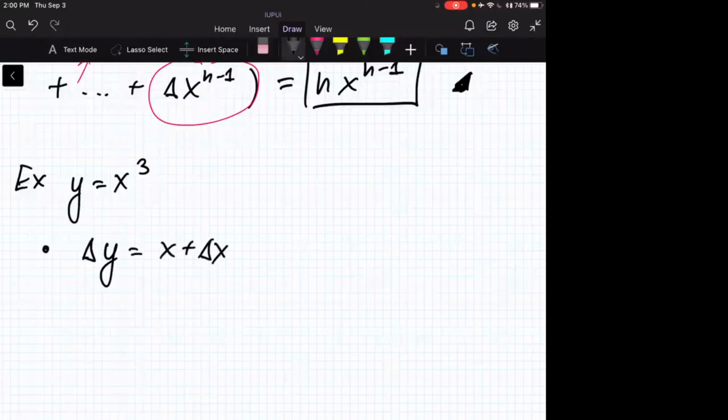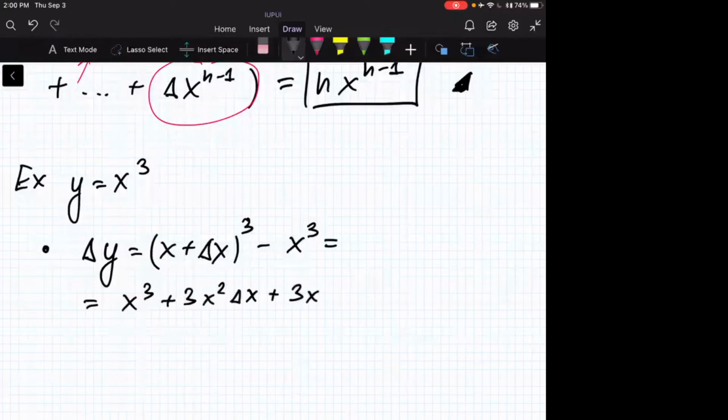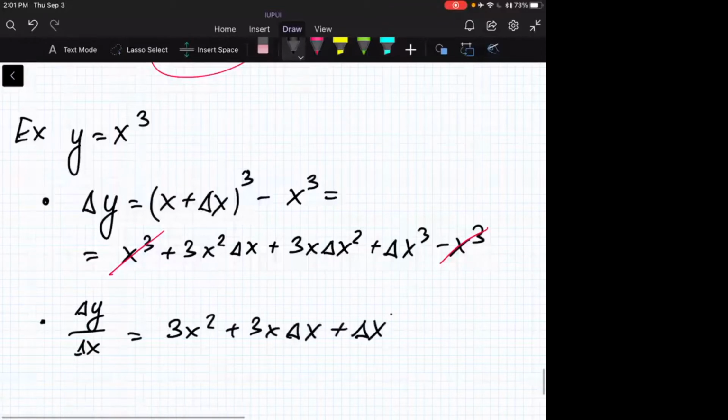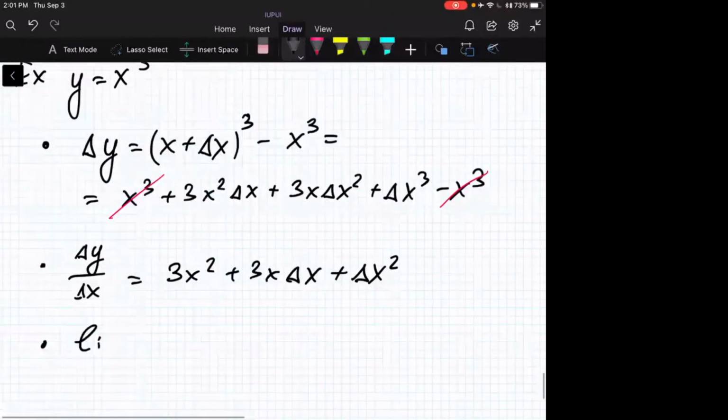So delta y will be x plus delta x cubed minus x cubed, which is what I wrote down before: x cubed plus 3x squared delta x plus 3x delta x squared plus delta x cubed minus x cubed. There are some cancellations. Then delta y over delta x is easy to calculate. I get 3x squared plus 3x delta x plus delta x squared.